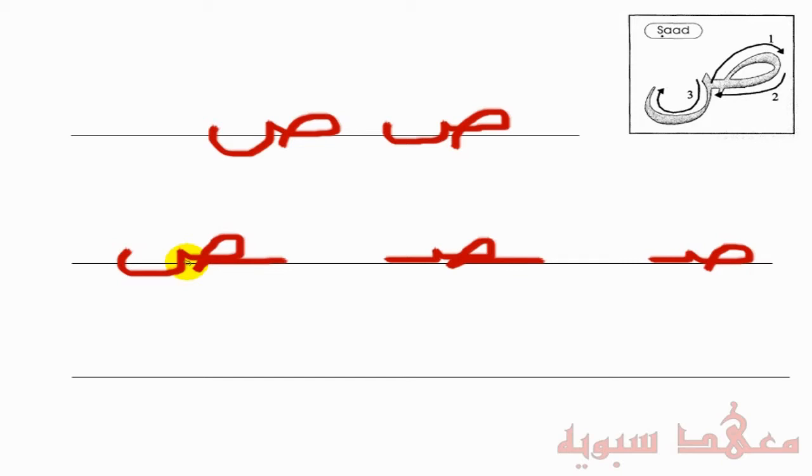So that's how it's done. Now writing three sads as if they were in the same word is as follows. So it's the letters joined together.